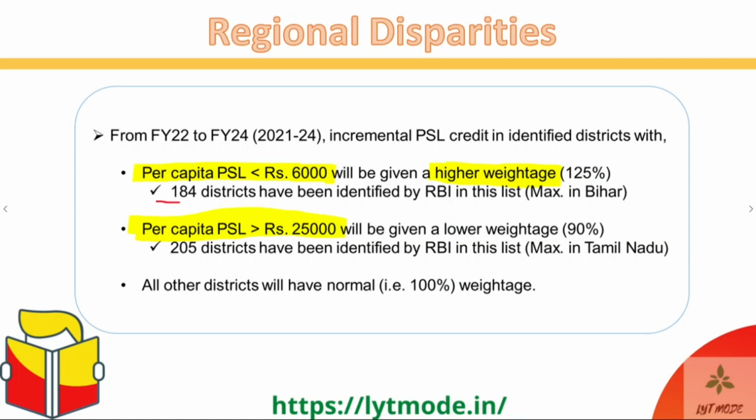However, 205 districts have more than 25,000 per capita PSL lendings.